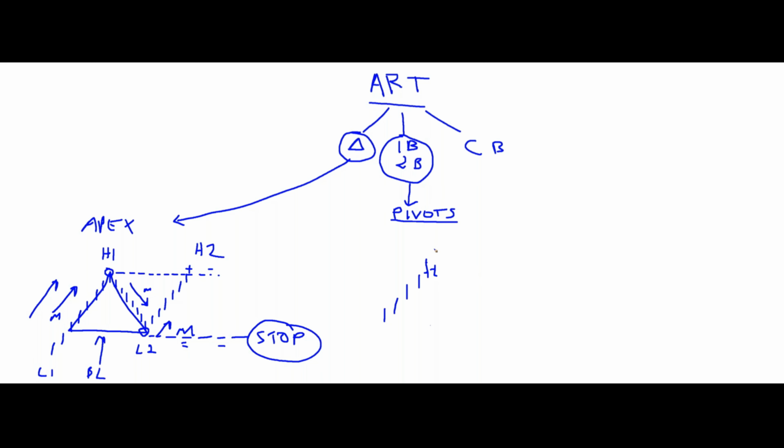Then the system is going to put a little dot above the signal bar and call it a 2B. This is the first price bar in the pattern, and this is the second one over here. It needs 2 bars to actually formulate a possible trade.